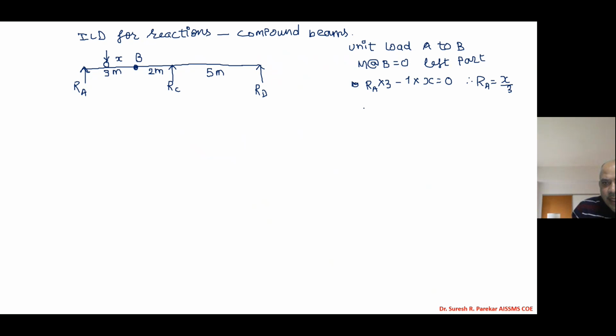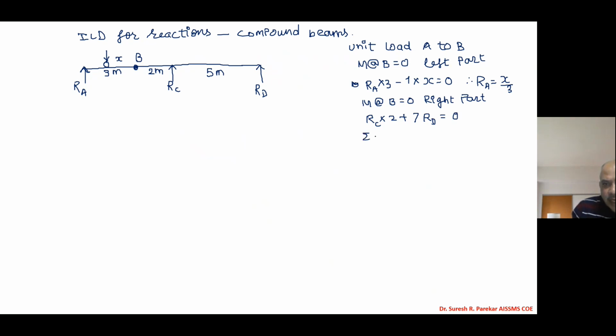Then we have another equation, moment about B equal to 0. Now we have right part, and then we will get it as RC into 2 plus 7RD, and that is equal to 0.